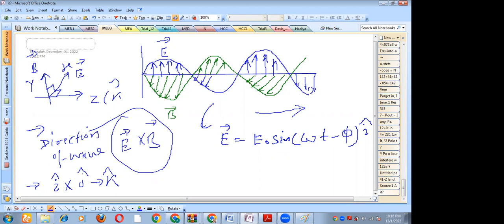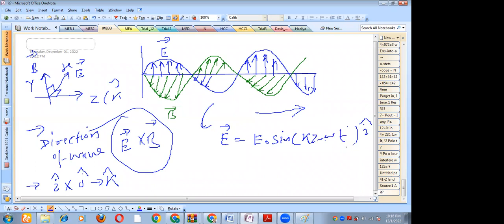Similarly, we can represent the magnetic field also. And one thing is missing here. If the electric field is along x direction and the wave is propagating along z direction, we can write the equation like kz minus omega t.